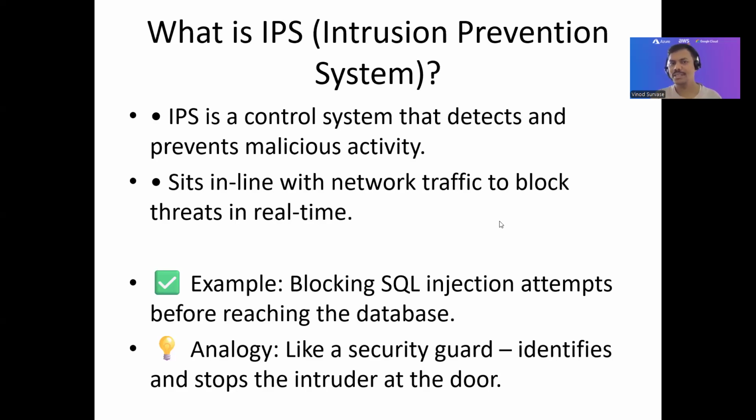So IDS and IPS both work together hand in hand if we deploy and implement them correctly and appropriately. And if we wanted to deploy only IPS, that is also possible. But in many cases, if we don't get real-time monitoring and we don't see what is happening across the network, workloads, and systems, right, then it is not going to give us visibility of all those activities.